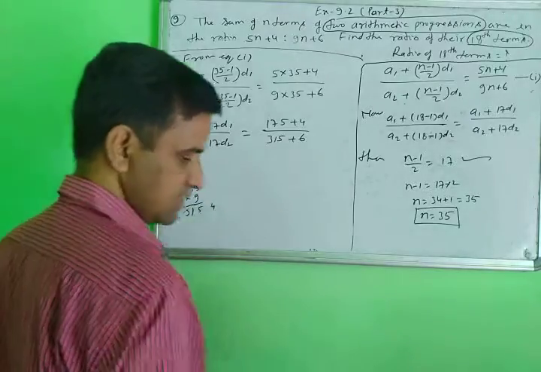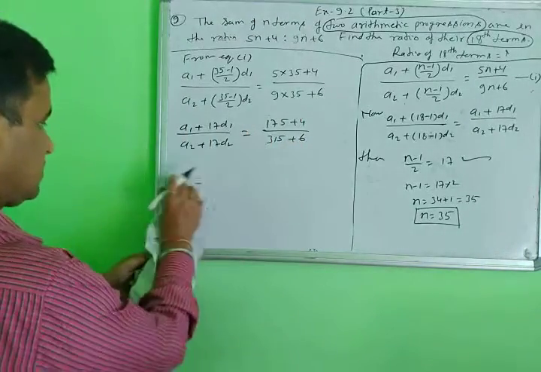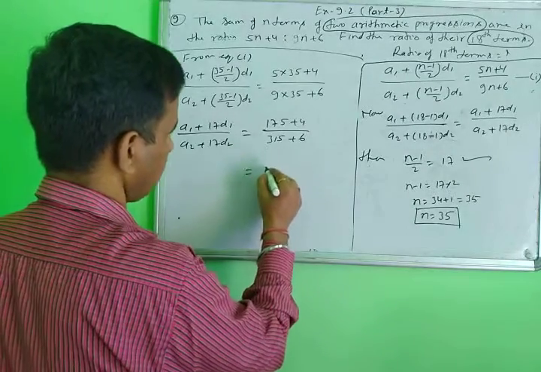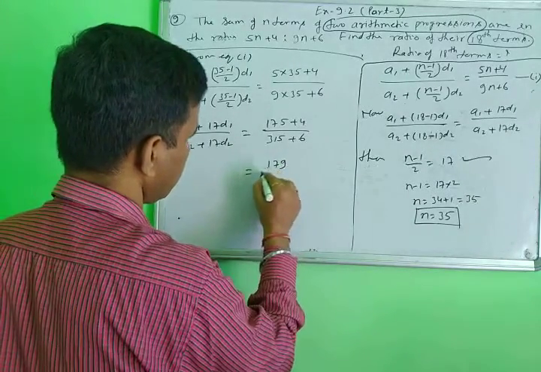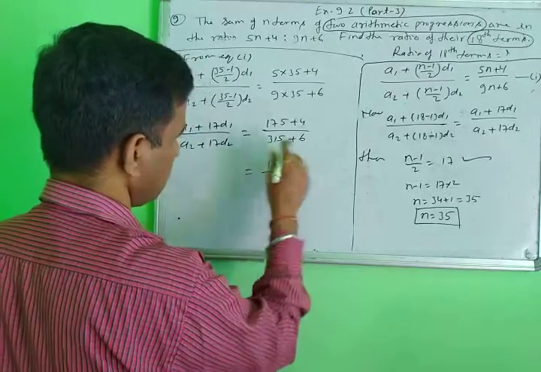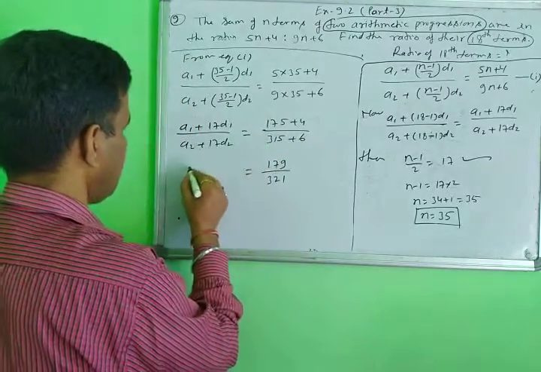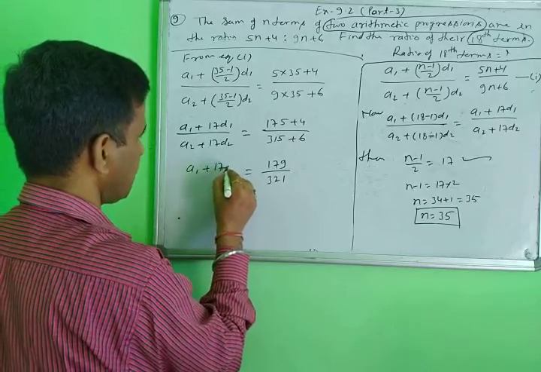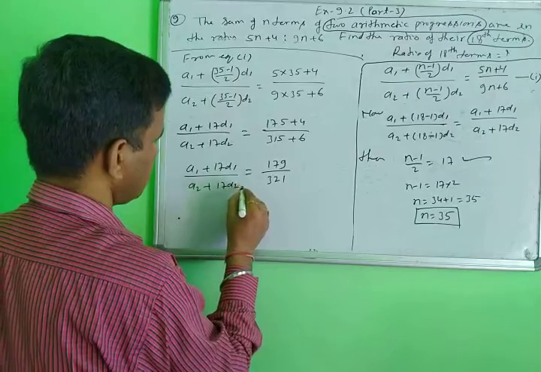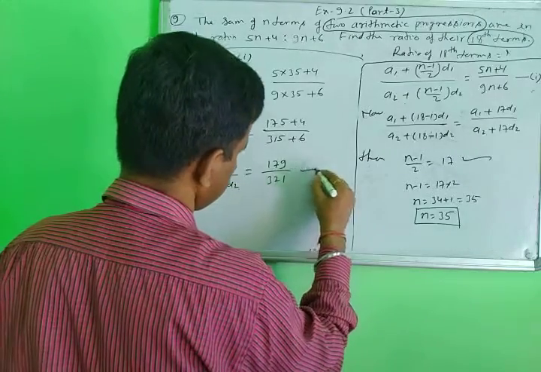So now you add this and you get the correct answer: 179 upon 321. That is the value of a1 plus 17 d1 upon a2 plus 17 d2. This is your answer.